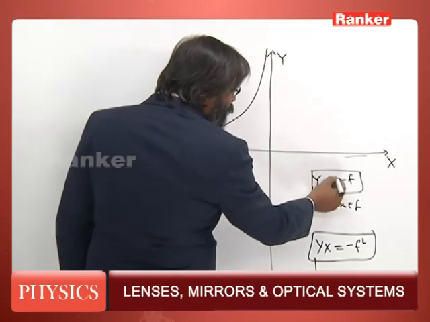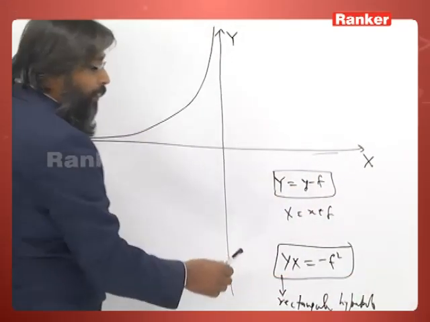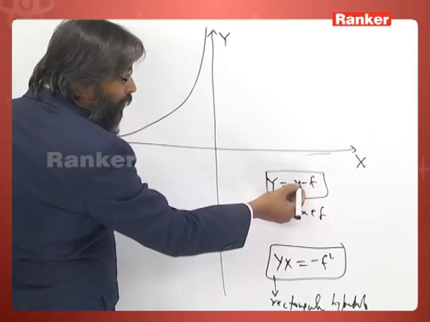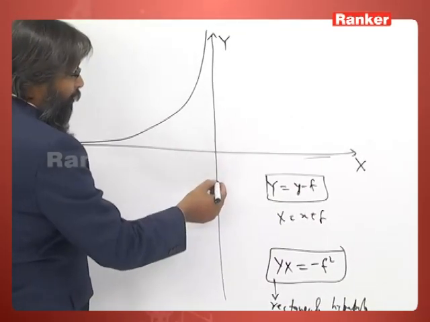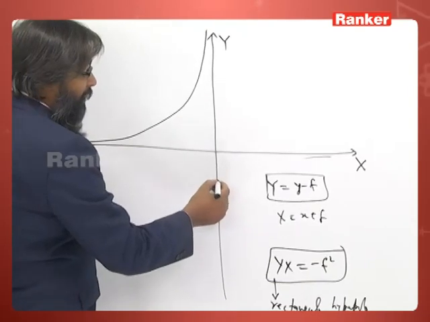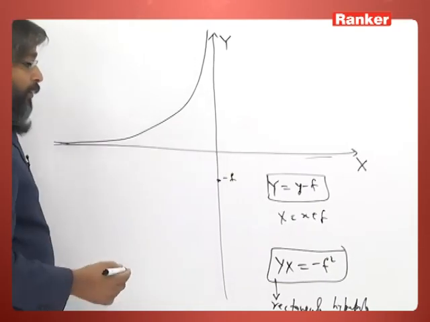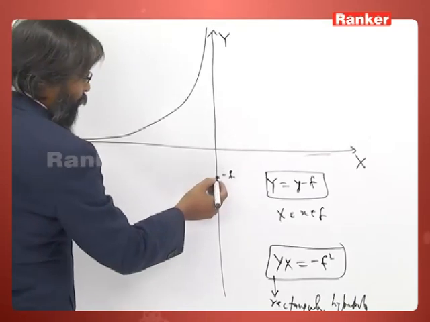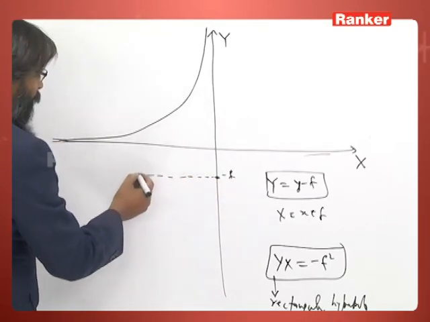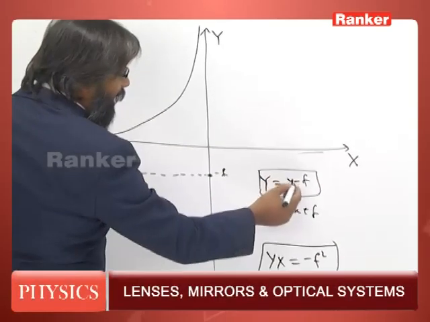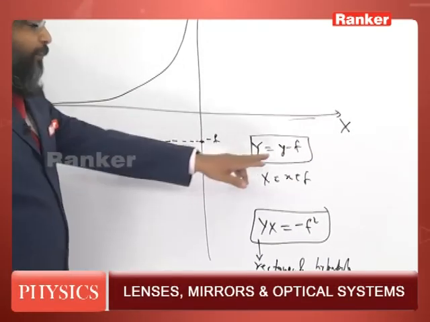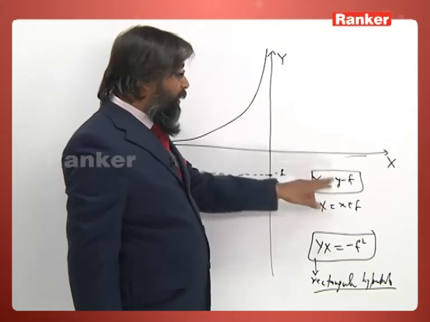Now if I put small y is equal to 0, I will get Y is equal to minus f. Y is here minus f. So Y is equal to minus f gives this axis, my x axis. X axis means I have to put y equal to 0.